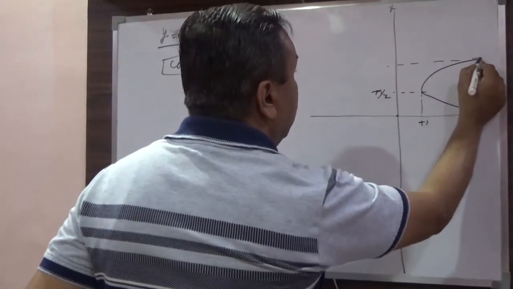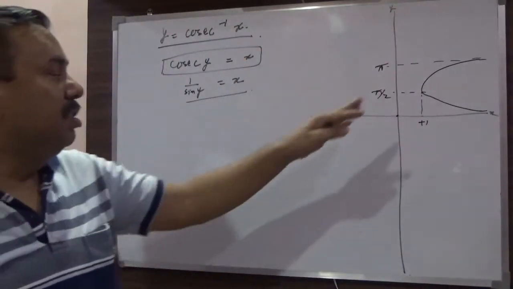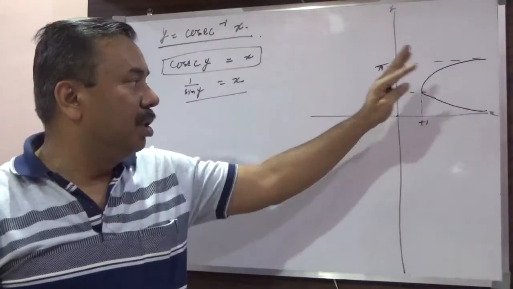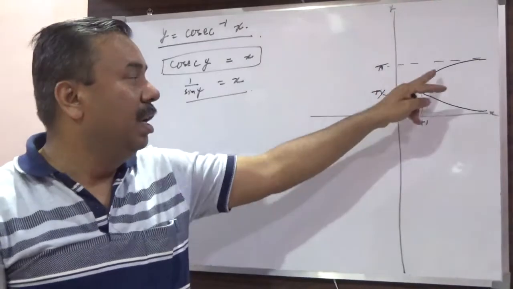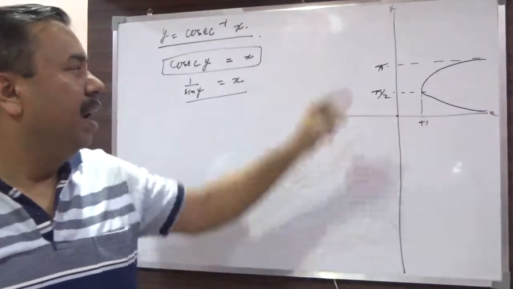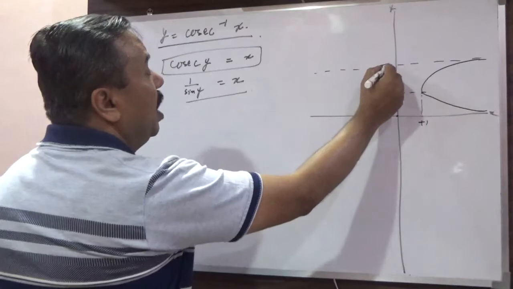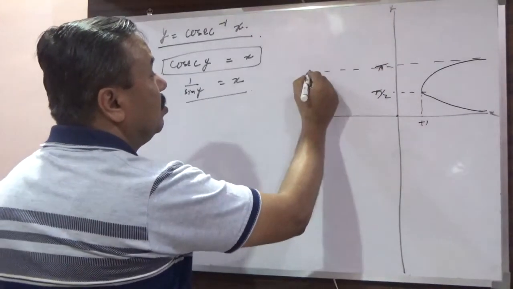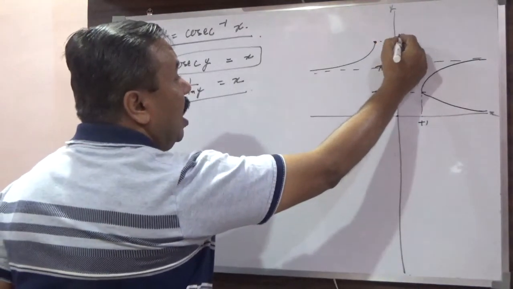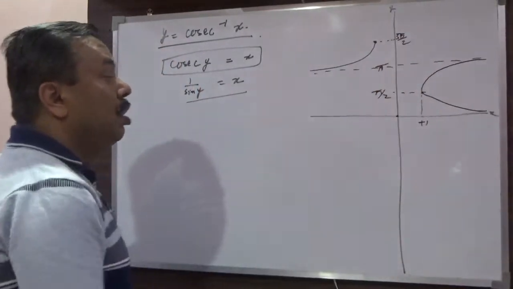At pi, it takes a U-turn, because the value of y will again be infinite at pi, and the moment we increase it from pi, it will start from here and take the minimum value at 3 pi by 2.